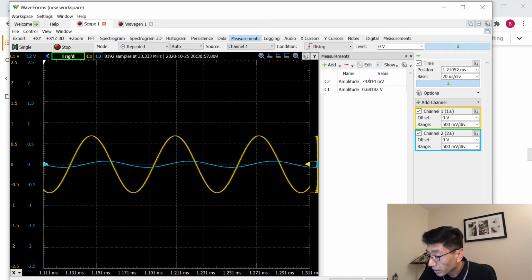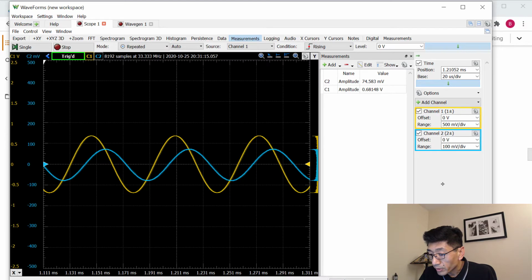If I choose a smaller scale, 100 millivolts per division, we can zoom in on the waveform, and we can see the channel 2 waveform is 90 degrees lagging.